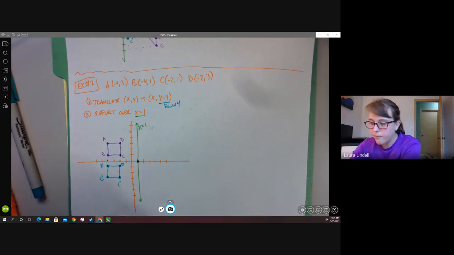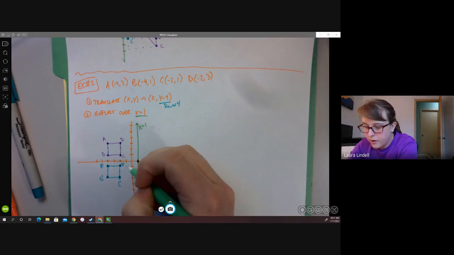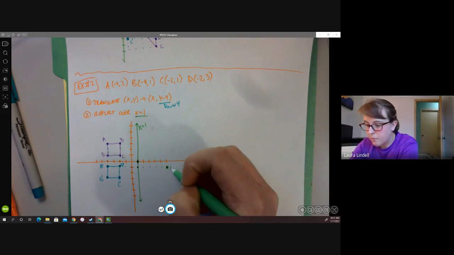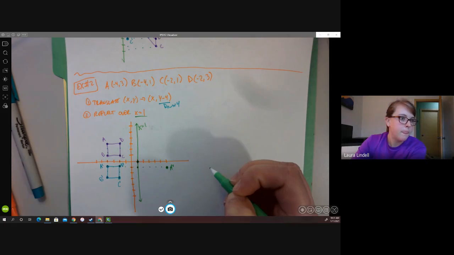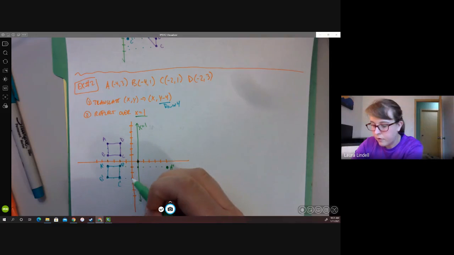So here we go. Starting at A, I'd go over 1, 2, 3, 4, 5 to get to that line. So that means I have to go 5 more. 1, 2, 3, 4, 5, and that gets me A double prime right there. Then for B, we do the same thing, over 1, 2, 3, 4, 5.